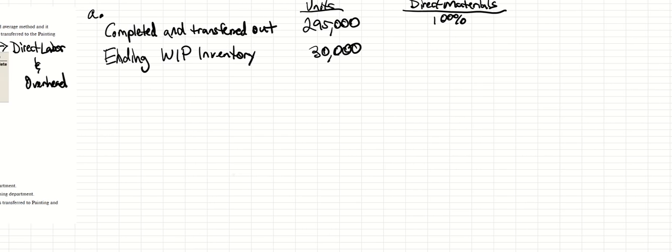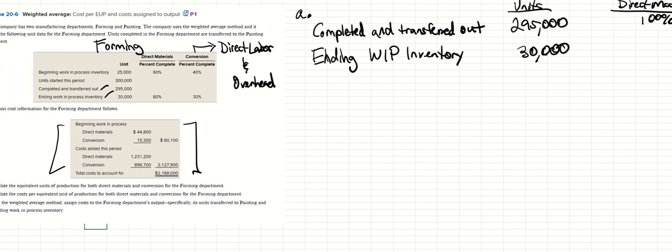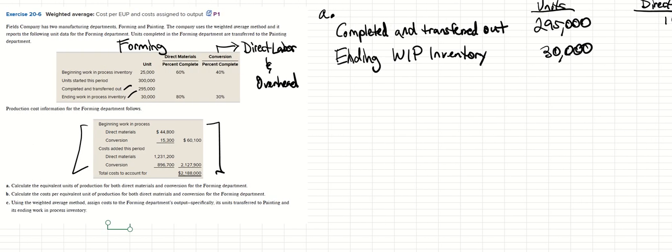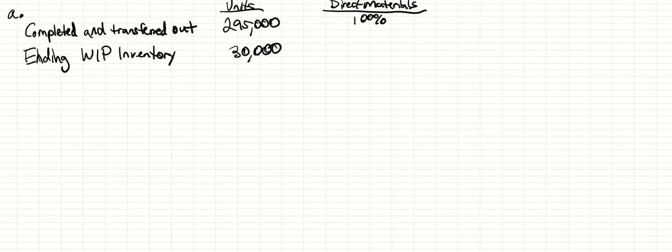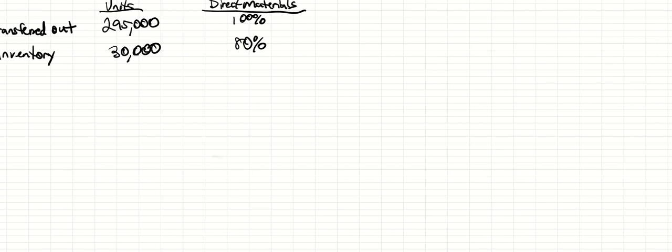Then for ending work in process inventory, where they give us a percentage, it's 80% in respect to direct materials. Okay, so I have to actually pull out my calculator here. So the EUP is we're going to basically take 295,000 units multiplied by 100%.